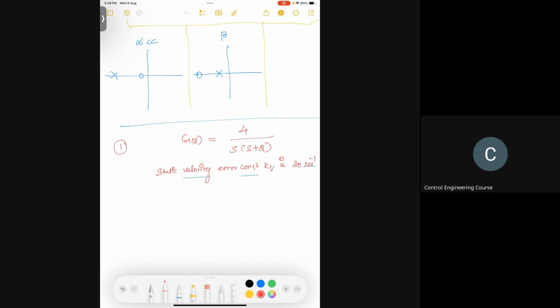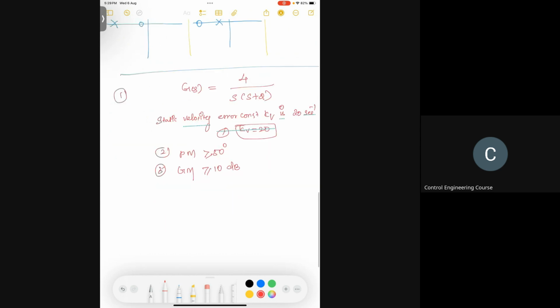Don't worry about the unit for now, but Kv should be equal to 20. That's the first specification. The second specification is that the phase margin is at least 50°, so the phase margin should be greater than or equal to 50°. The third criterion is that the gain margin is at least 10 decibels, so the gain margin should be greater than 10 decibels.